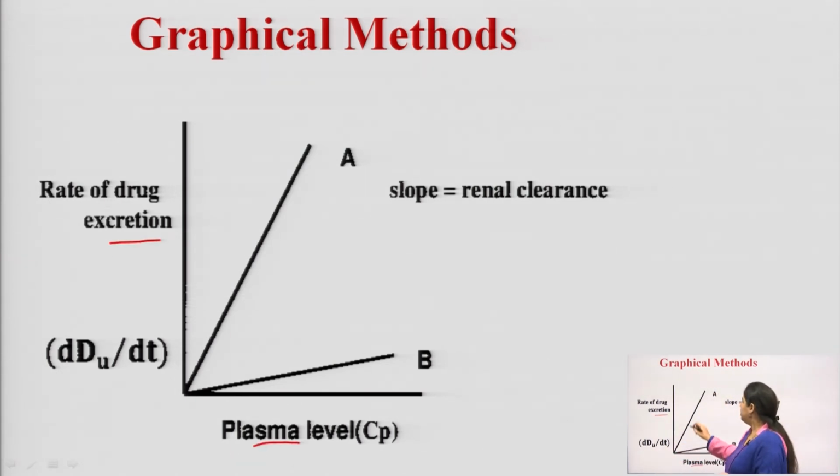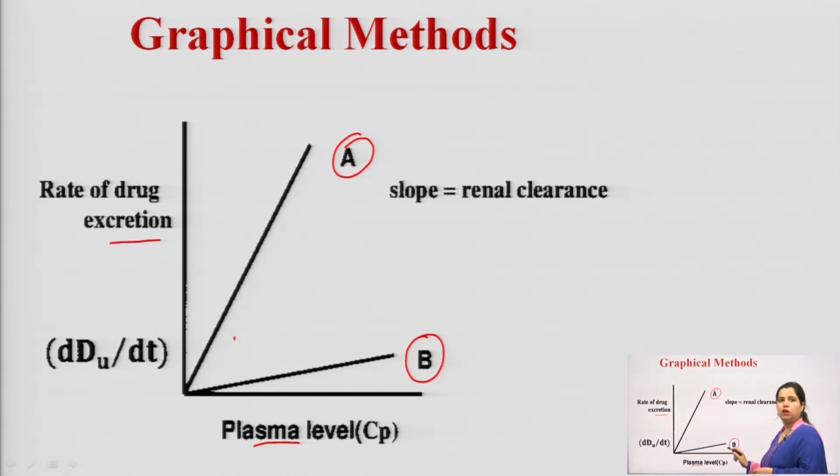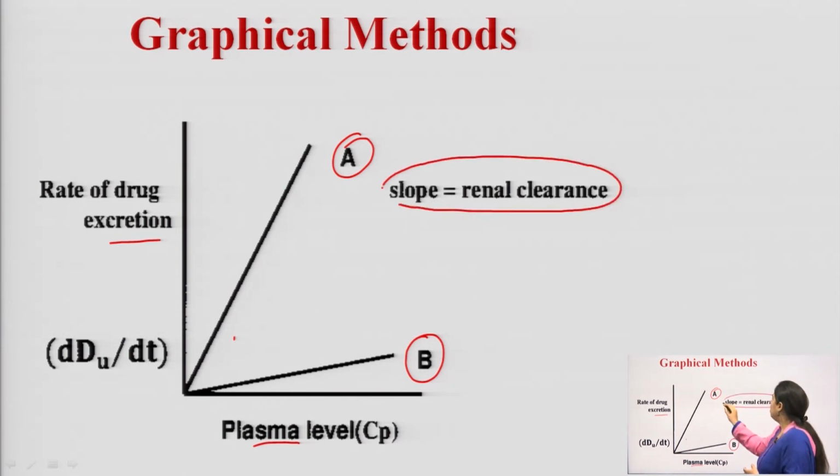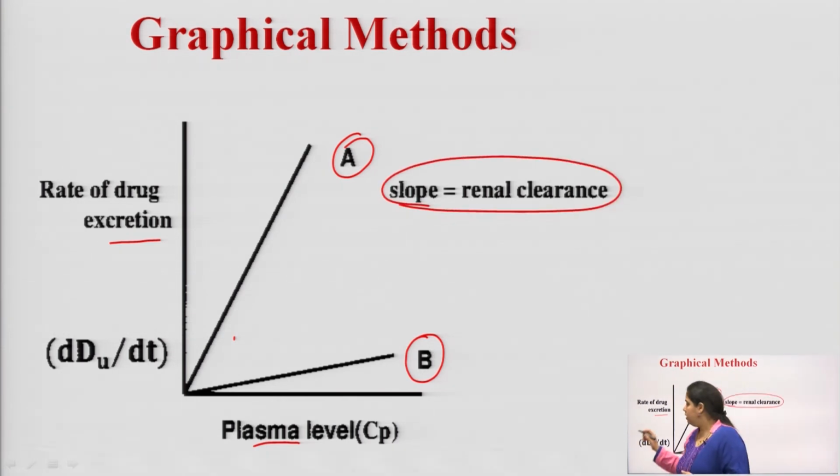So, this is compound A, this is B. You see that the steeper one has greater renal clearance value, and this B has smaller clearance, or slow clearance we can say. So, the slope is your renal clearance. These lines represent the clearance of the drug from the body.